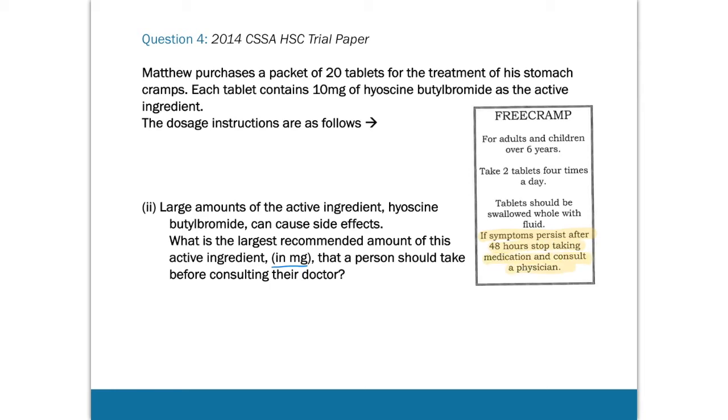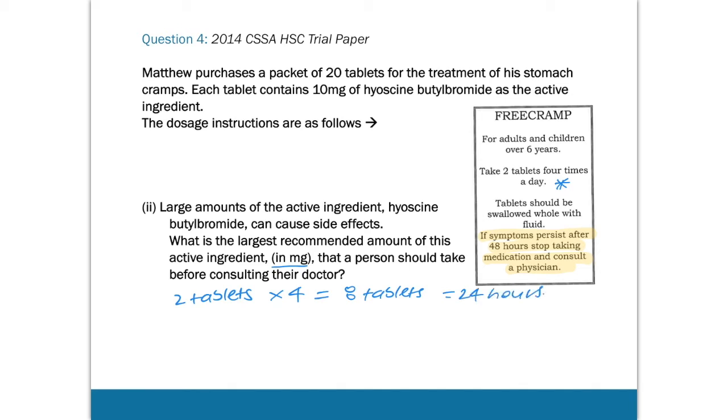So let's look at how many tablets they're taking a day. 2 tablets is 1 dose, but it's taken 4 times a day. So 4 times that is 8 tablets a day, which is 24 hours.